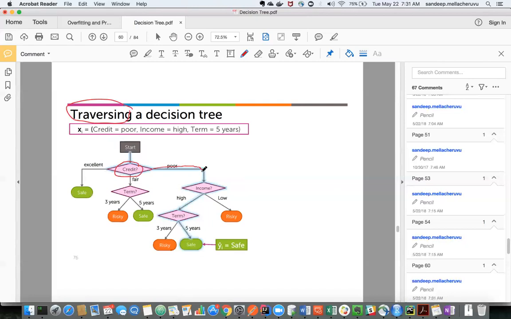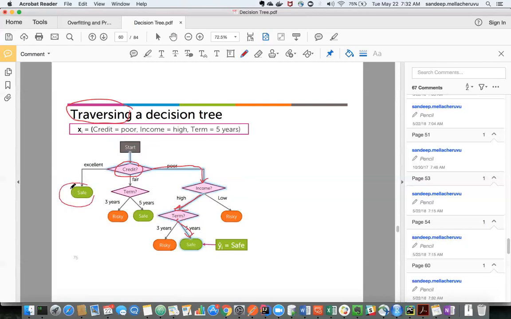So you go to this line, and income is high here, so you go here, and then term equal to 5 years, so you go to here, and then you reach the leaf node.